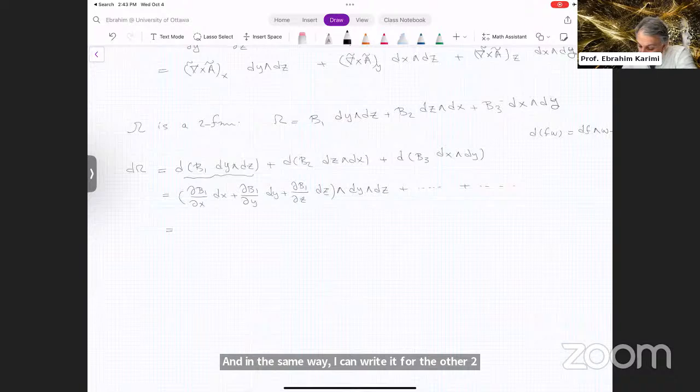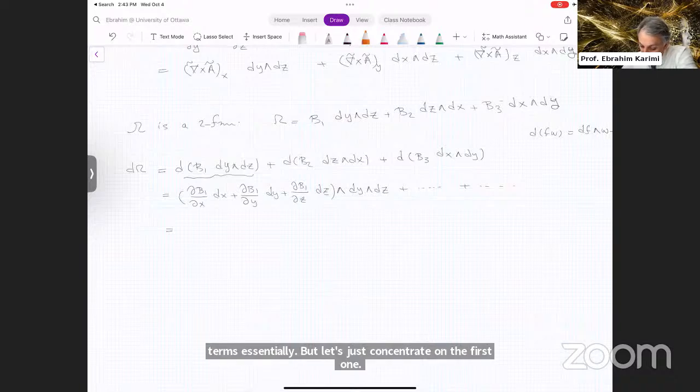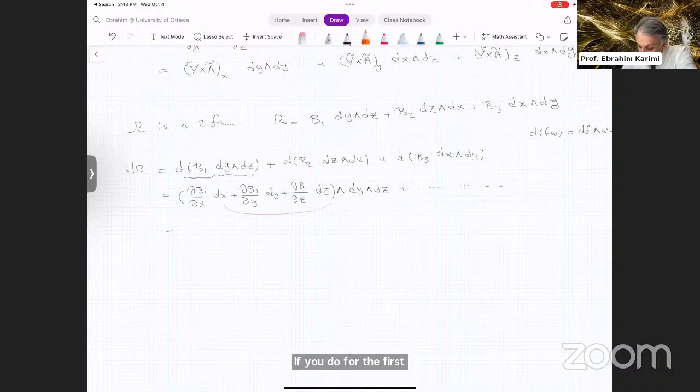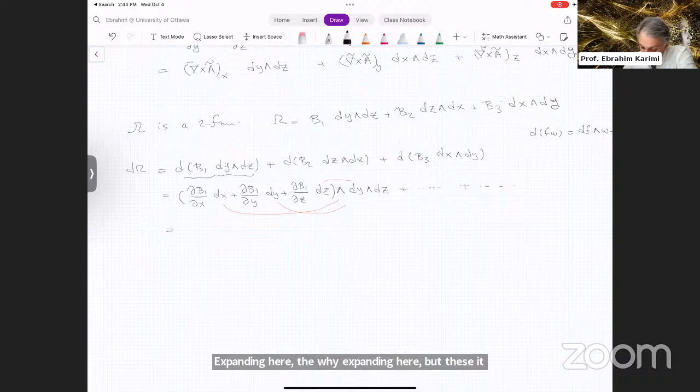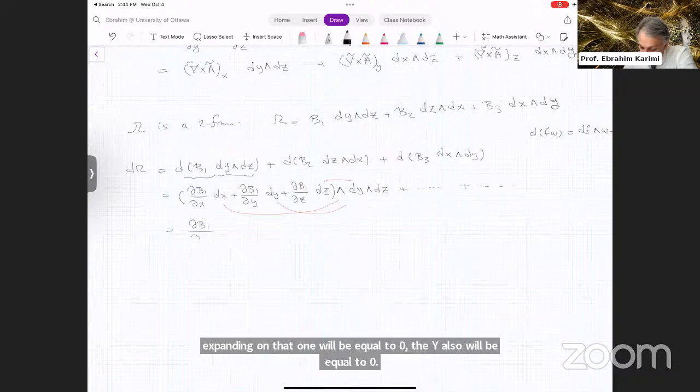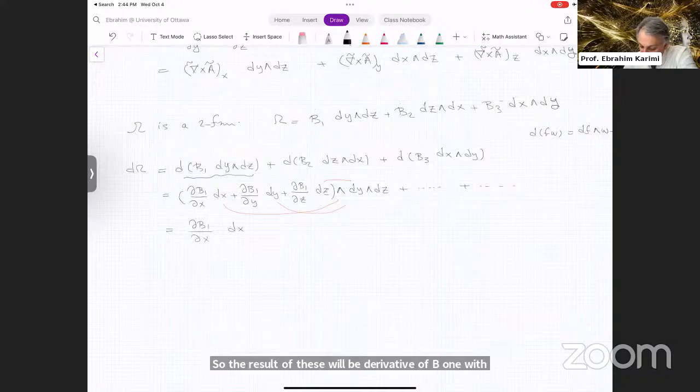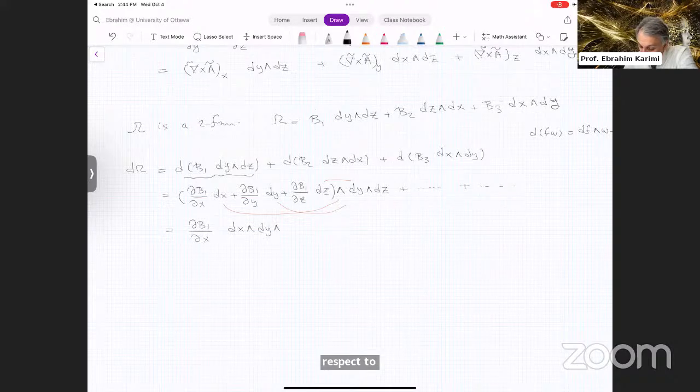For the first one, I have to do the expansions: dx expanding here, dy expanding here, but dz expanding on that one will be equal to 0, and dy also will be equal to 0. So the result will be the derivative of B1 with respect to x, and then dx dy dz, because dy dy dz and dz dy dz are equal to 0 as they are repeated differentials.